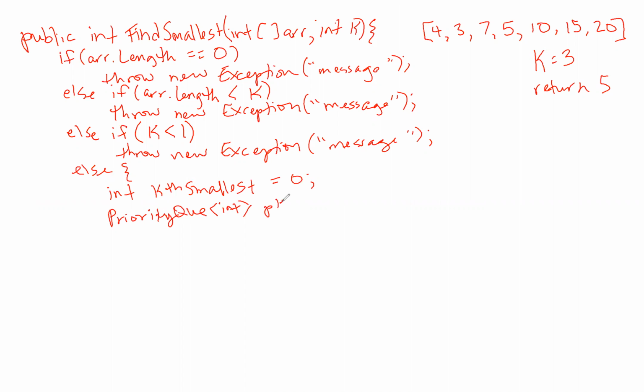We'll just call it PQ. Java has a built-in priority queue, but C# does not. But you can just put in a NuGet package to be able to use that functionality. There are tons of them that have been written and are optimized.